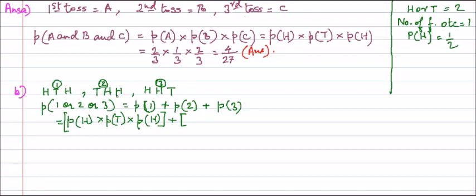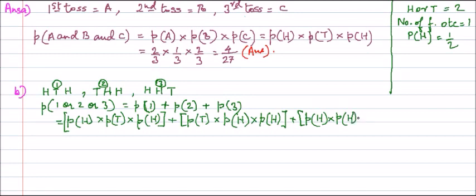First is tail and the following two tosses gave us two heads. So the probability of having a tail is 1/3. Let us put the value afterwards. First of all, it is PT into PH into PH, plus, it is head, head and tail. So it is PH into PH into PT.